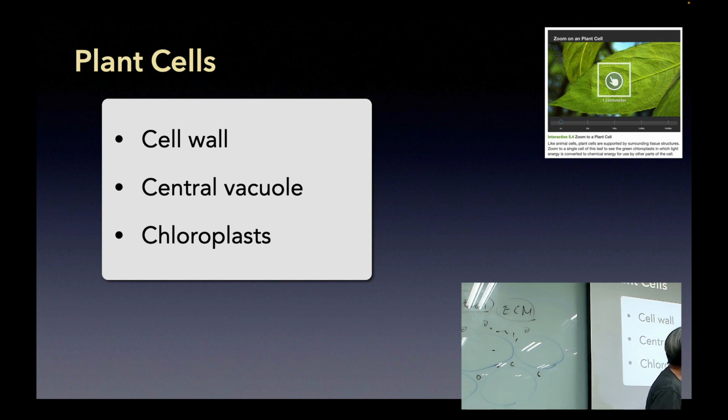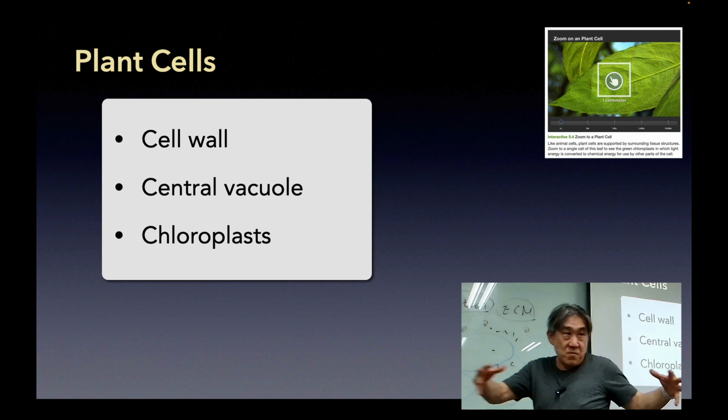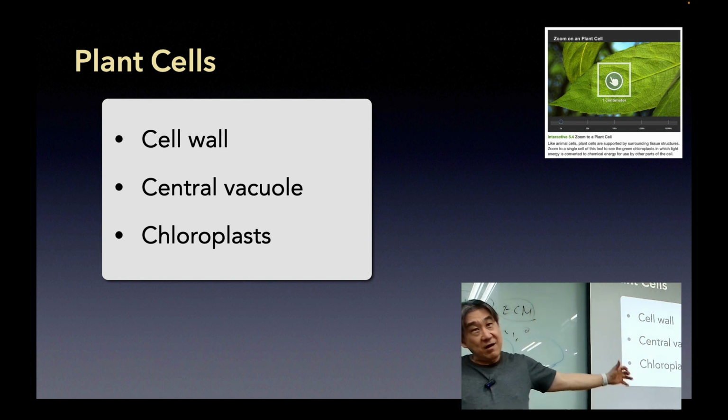Although animal cells may have small vacuoles inside the cell, we do not have such a big major central vacuole. One thing is plant cells tend to have, as they grow older, this central vacuole becoming larger and larger and larger.